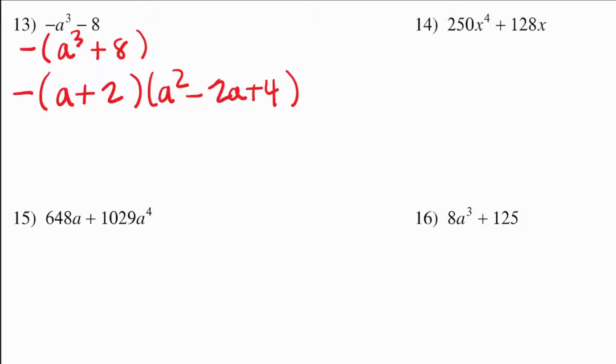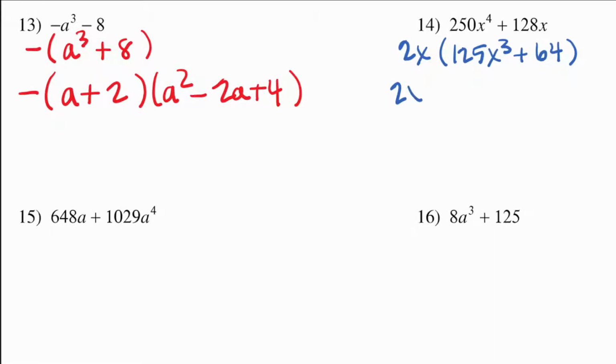Okay, over here, oh, okay, I see what we're supposed to do here. We're going to factor out a 2 and an x first. And then we'll be left with 125x to the 3 plus 64. Okay, 125x to the 3 is going to be the cube of 5x, and 64 is the cube of 4. So I've got 5x and 4.